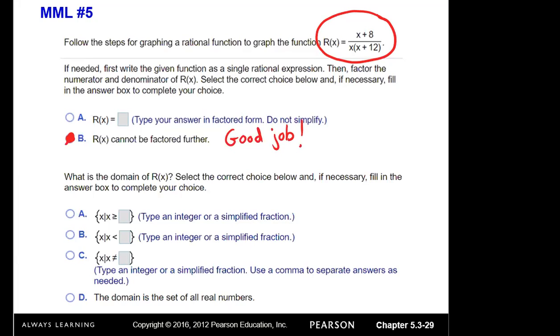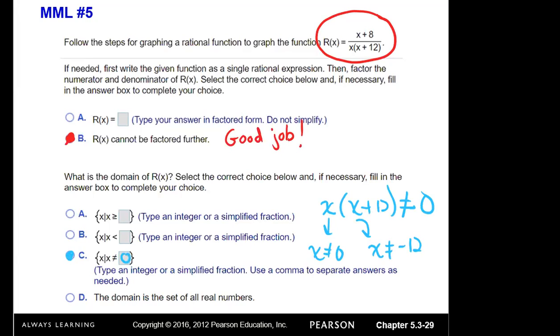What's the domain? Well, the domain has to do with the denominator, and my denominator is x and an x plus 12. The denominator is not allowed to be 0. So x is not allowed to be 0, and x is not allowed to be a negative 12.